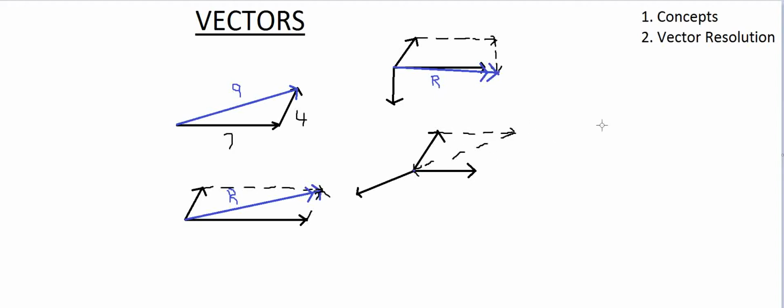Let's say these are three forces pulling on a ball in the center. This means the ball will not move, as the three forces acting on the ball cancel each other out, and the system is said to be in equilibrium, right?